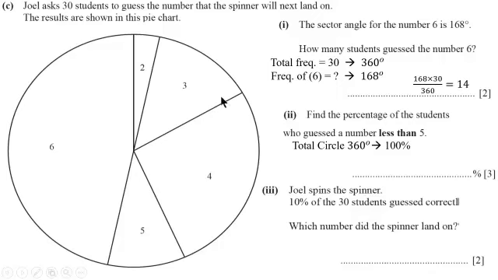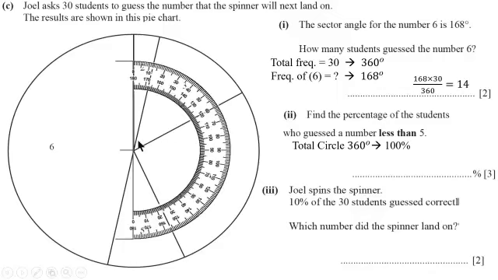Less than 5 contains the sectors 2, 3, and 4. So we can get our protractor like this, put our 0 here, and measure this angle. We measure it, we find it to be 156. This angle represents the sectors 2, 3, and 4, which are less than 5, as the question said.